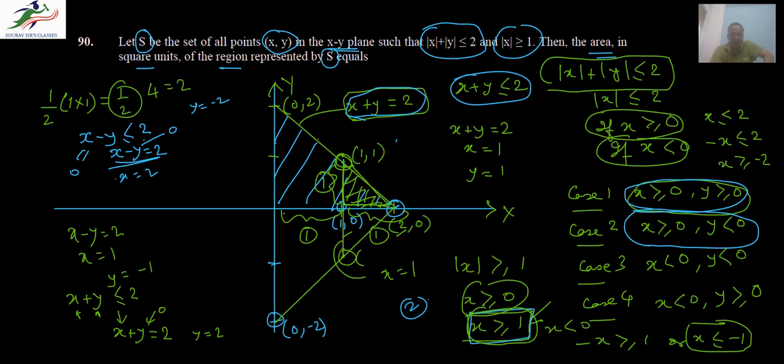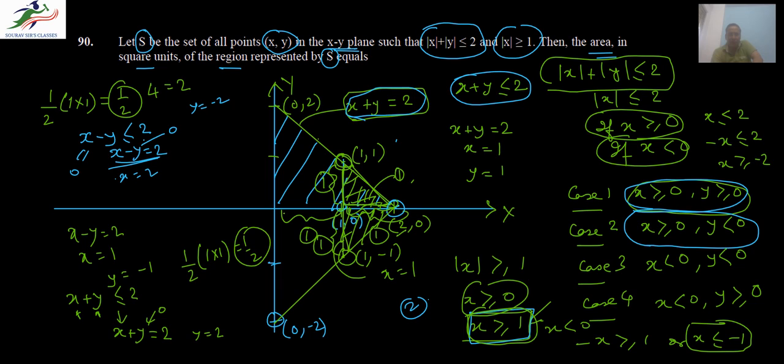So this is the point, x equal to 1, y equal to minus 1, which means the value of the height is 1 unit and this remains 1 unit. So the area of this triangle is again equal to half into 1 into 1, which is equal to half.